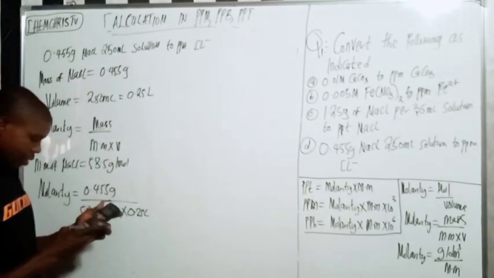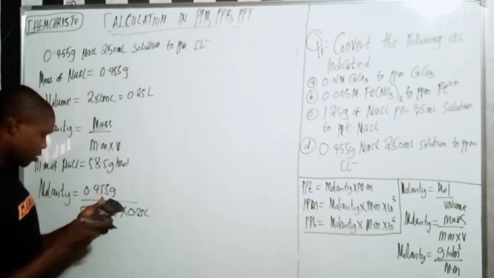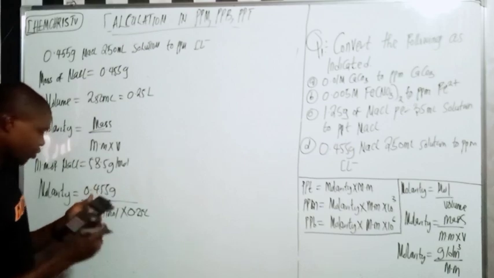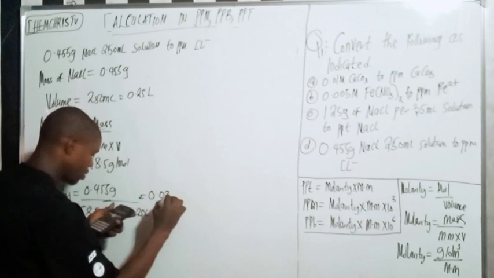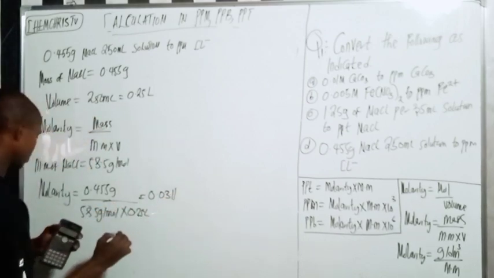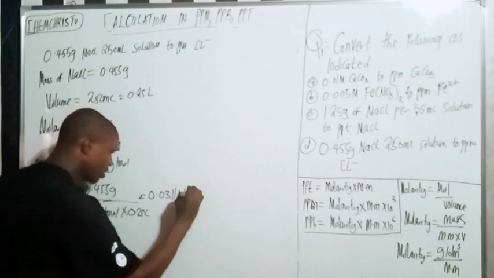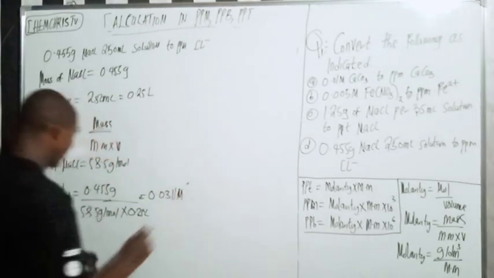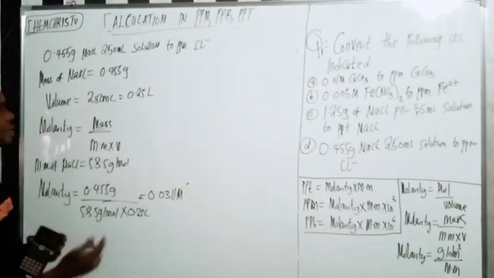So here we have 0.455 divided by 58.5 times 0.25. So here we have 0.0311, right? Molarity, mole per liter, or capital letter M. So that is the molarity.